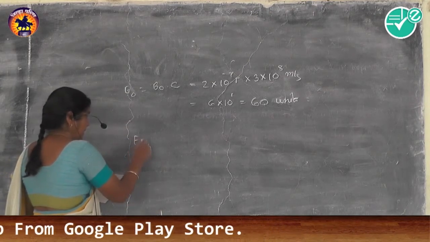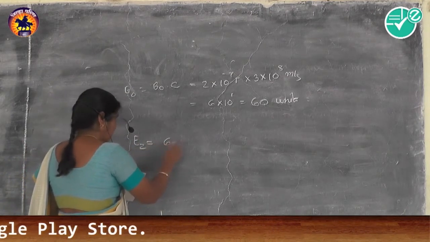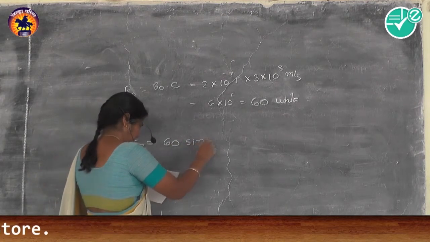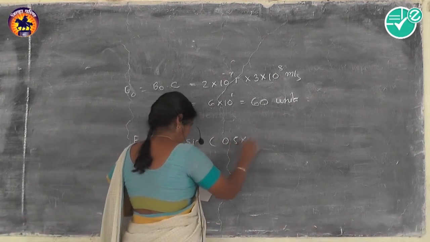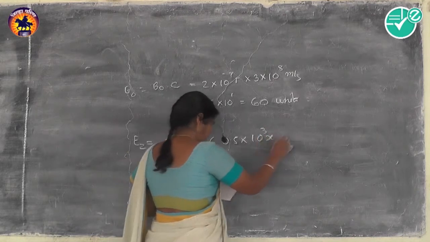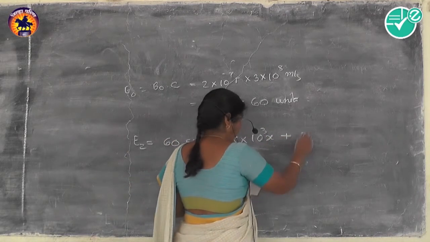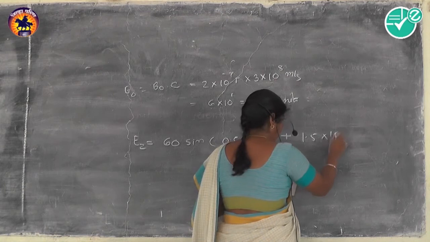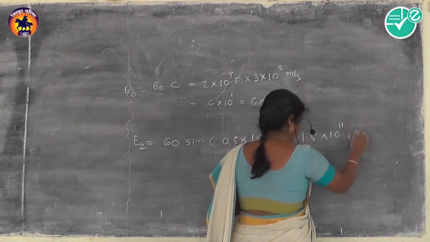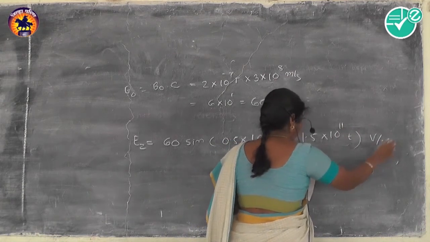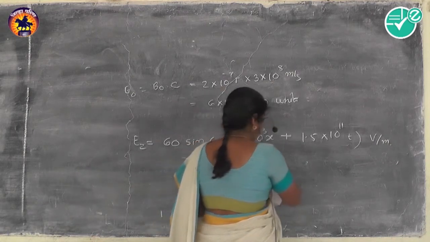So Ez is nothing but 60 units sine of 0.5 × 10^3 x plus 1.5 × 10^11 t volt per meter is the expression.